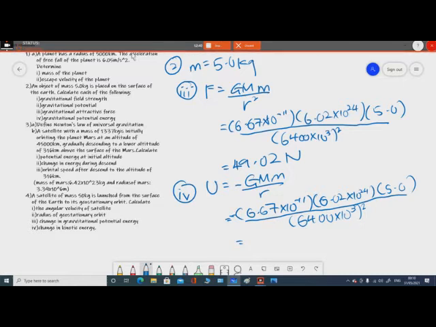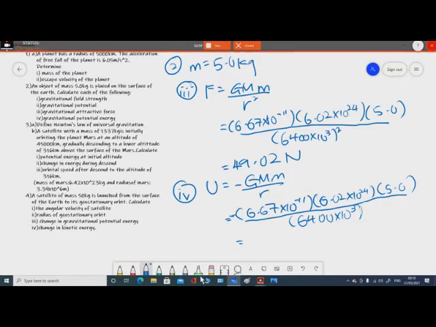Oops, this one should not have a square. So 6400 times 10 to the power of 3, bracket.